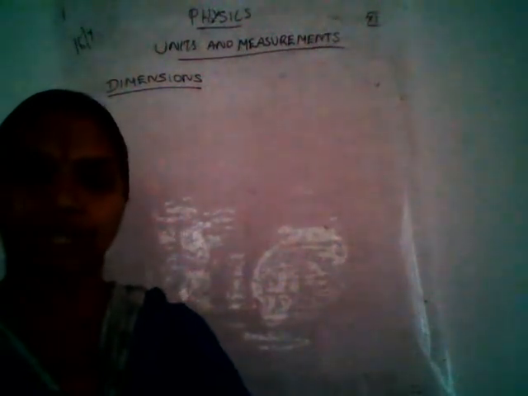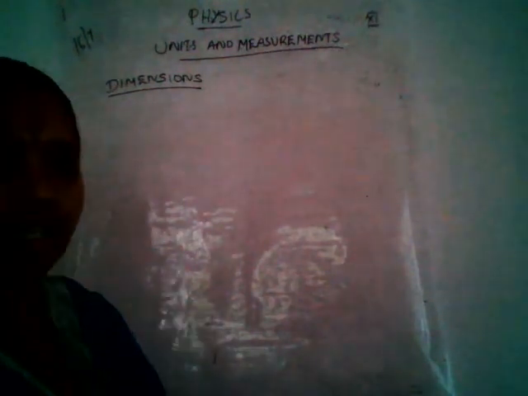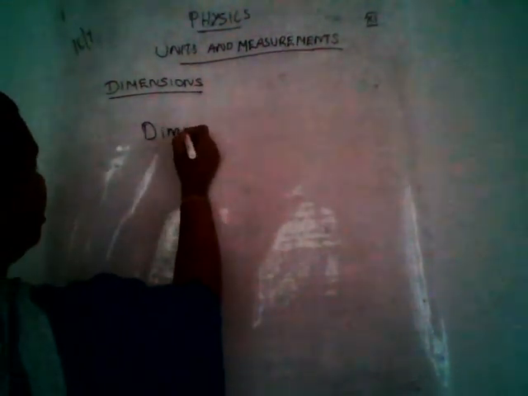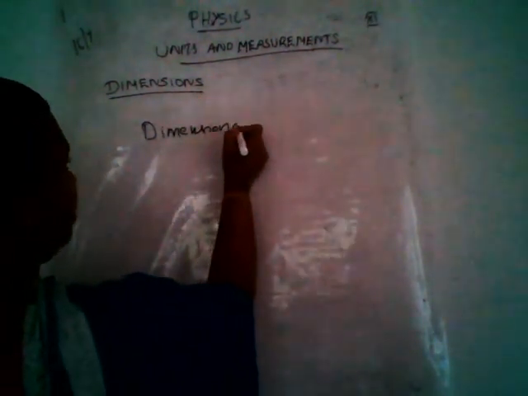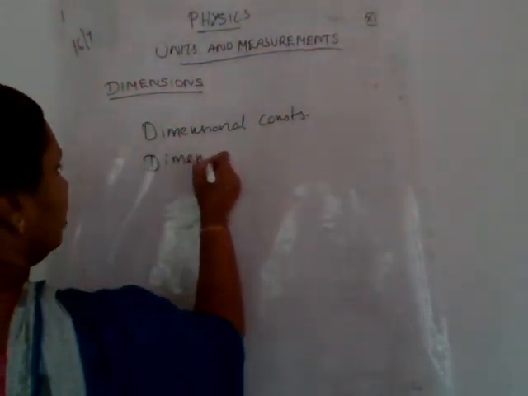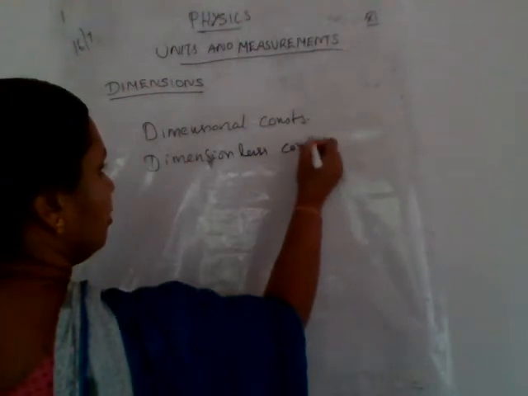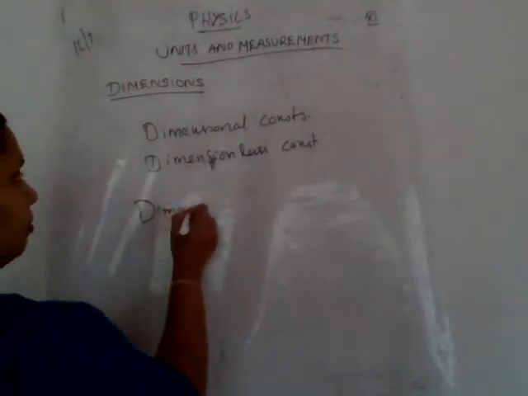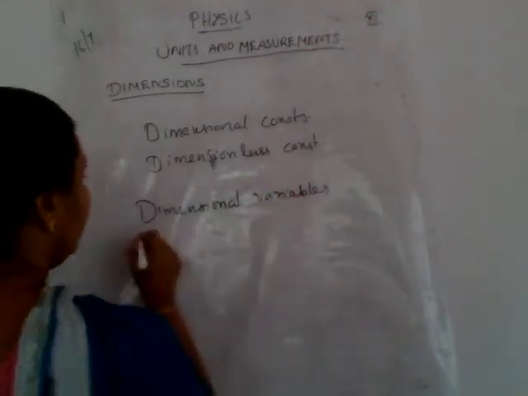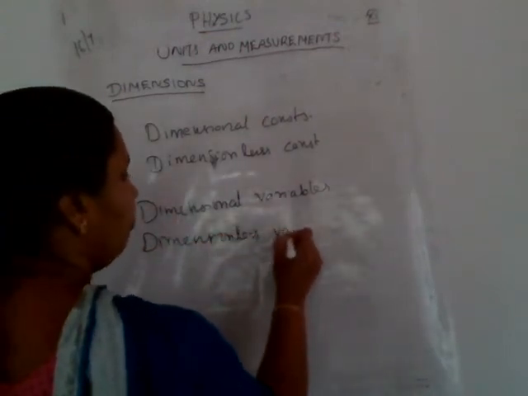So according to the dimension, physical quantities are classified as dimensional constants, dimensionless constants, dimensional variables, and dimensionless variables.